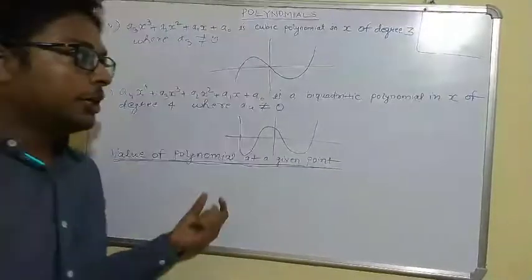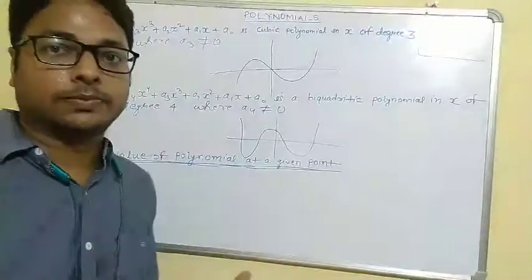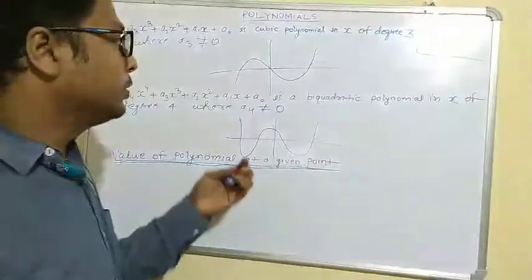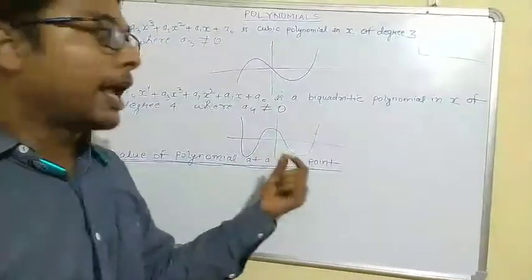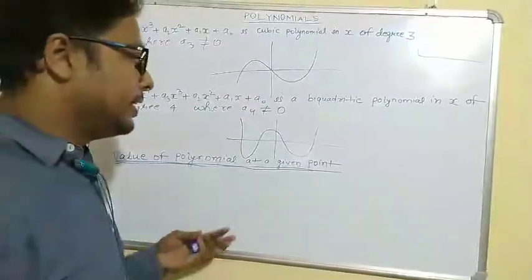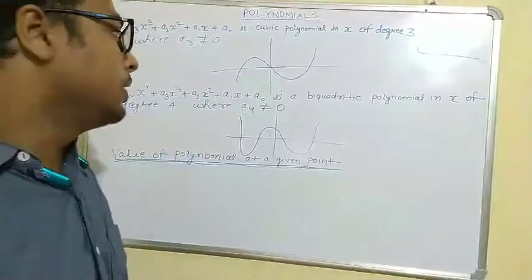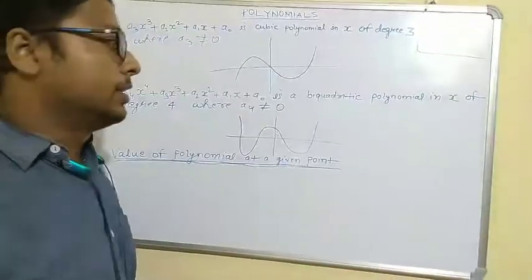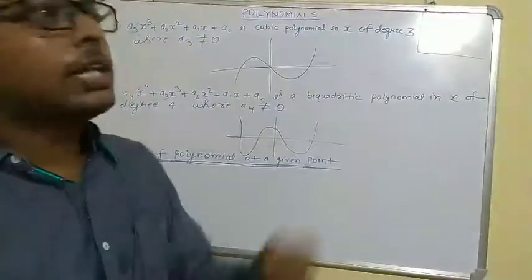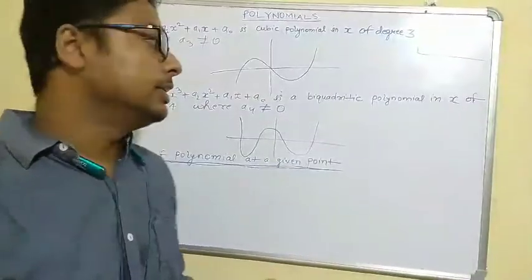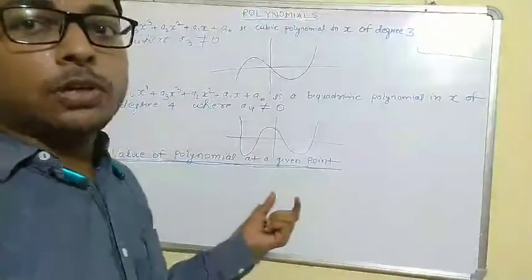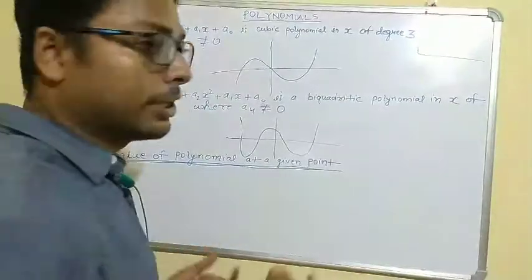As we know, a polynomial is an expression, and if we divide it according to the degree, there are many types of polynomials. We will study mostly quadratic polynomials here, and somewhat cubic polynomials also, as it is in the syllabus.